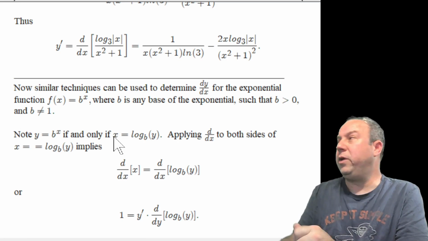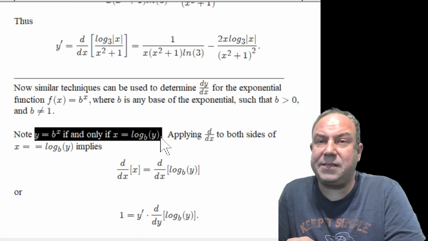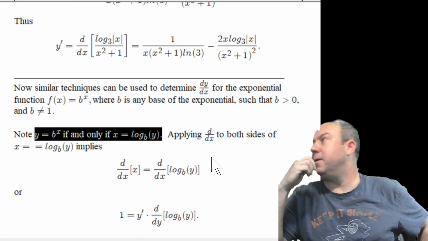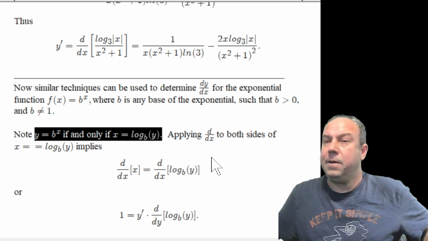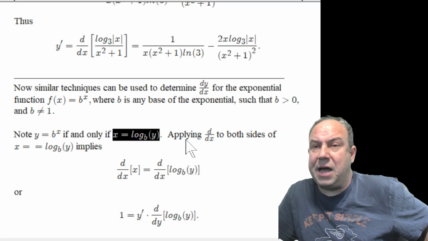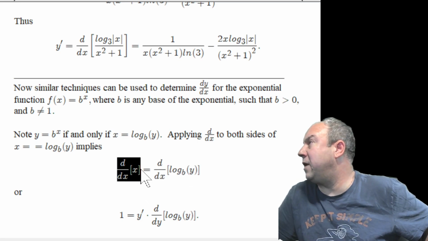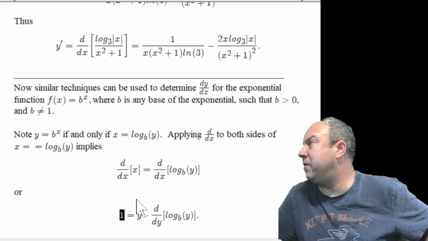We use some of those implicit techniques and a little bit of knowledge about the inverse relationships. Right? We can note y equals b to the x if and only if x equals log base b of y. So if I take that x equals the log base b of y and I apply the derivative operator to both sides, I'm going to give myself this result here where I know on the left-hand side that's going to become the value of 1.